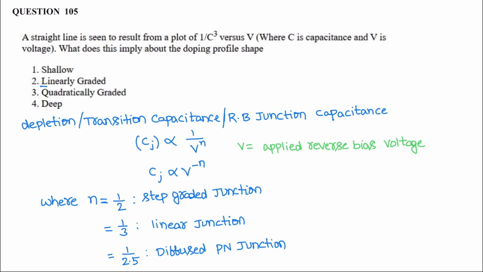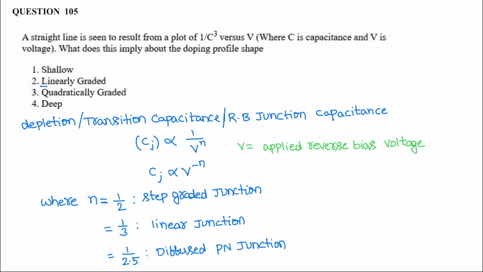Question number 105. A straight line is seen to result from a plot of 1 by C cube versus V, where C is capacitance and V is voltage. What does this imply about the doping profile shape?